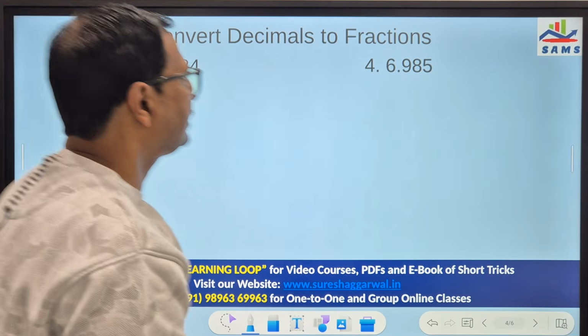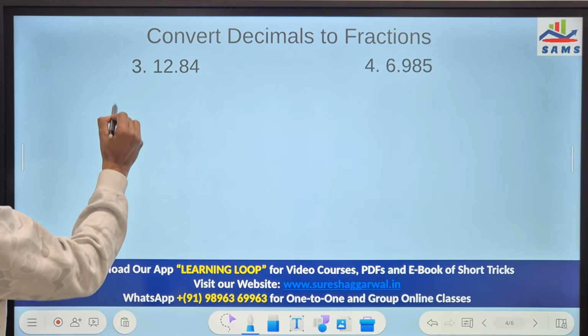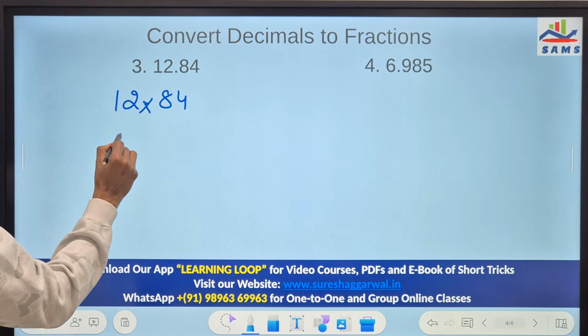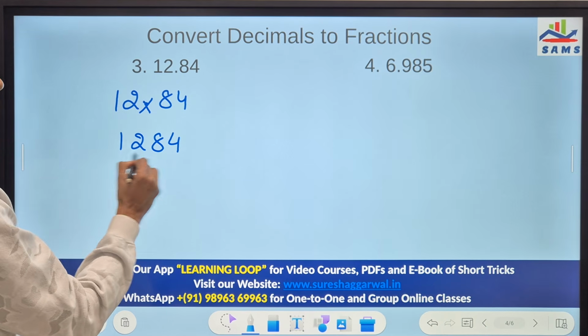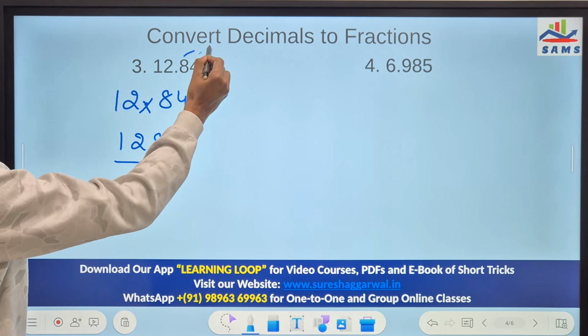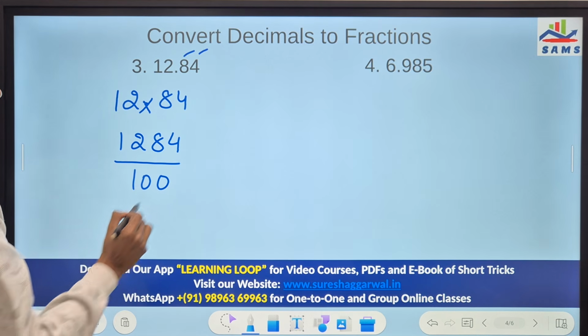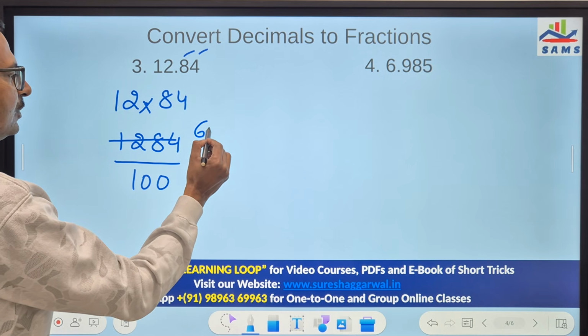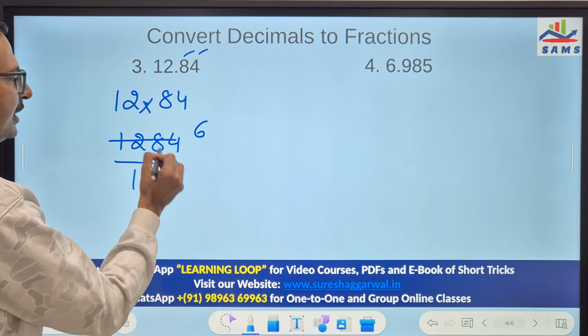Now let's complicate things. 12.84. So if I cancel the decimal here, I will get 1284 and divide that by what? I have two decimal places, so 100. Now again cancel by 2, you have 642, 8 is divisible, right?